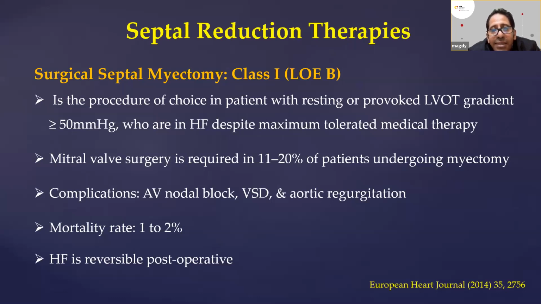Mitral valve surgery is required in up to 20% of patients undergoing septal myectomy. Complications of surgery include AV block, creation of a VSD, and aortic regurgitation. The mortality rate is 1 to 2%, and heart failure is reversible postoperatively.